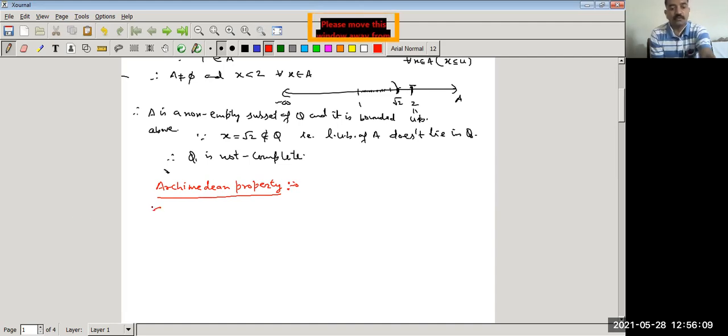We discussed two Archimedean properties, denoted AP1 and AP2. AP1: what is the first property? The set of natural numbers N is not bounded above.